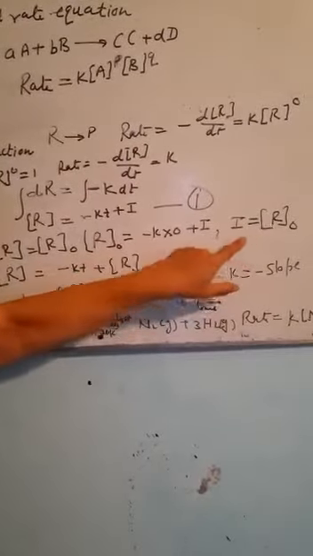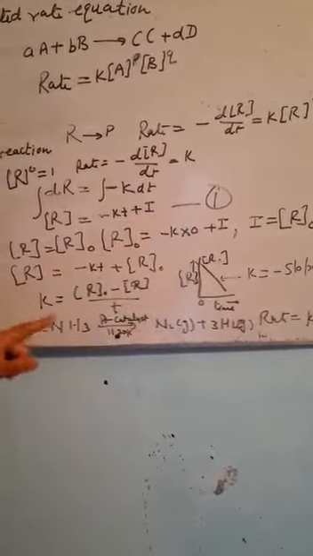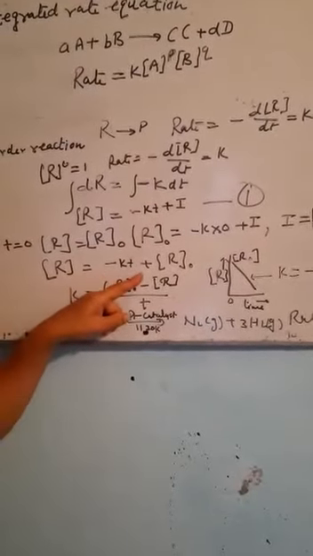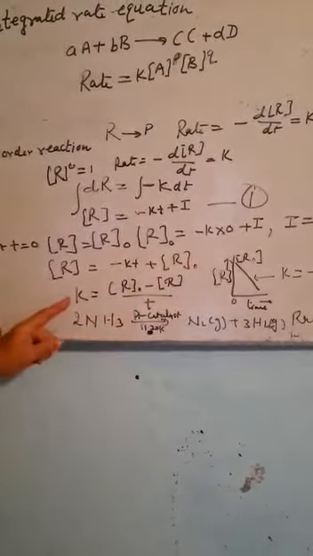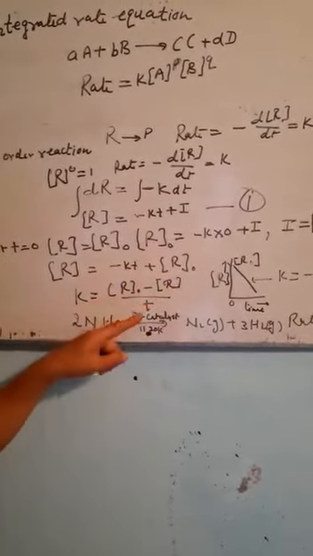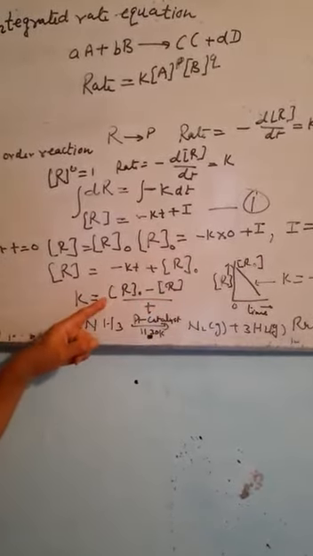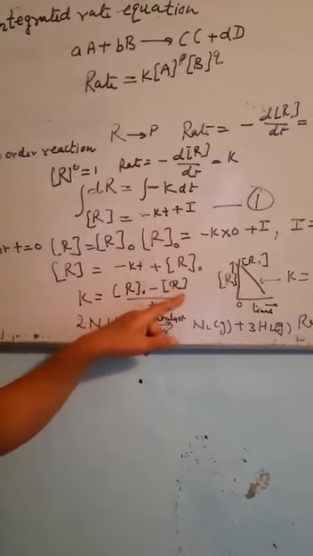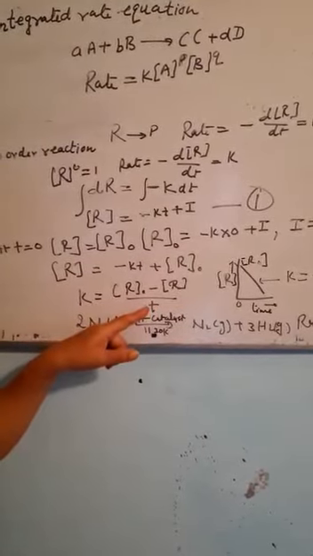If we put the value of I in this equation 1, [R] is equal to minus kt plus R0. So k is equal to (R0 minus R) upon t, where R0 is the initial concentration when time interval is 0, R is the final concentration, and t is the time interval.